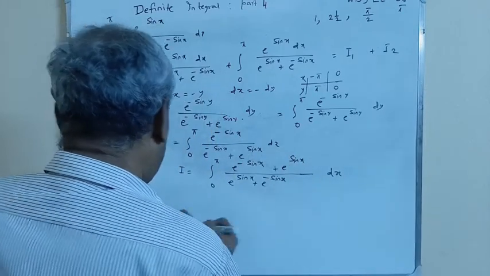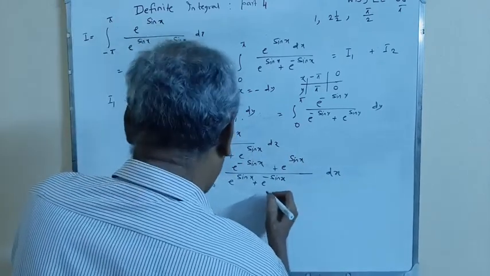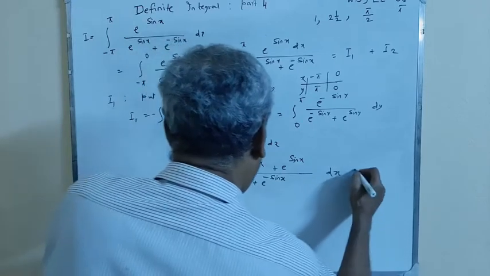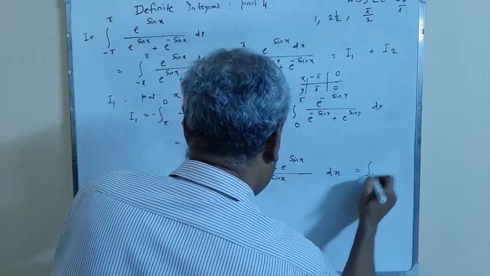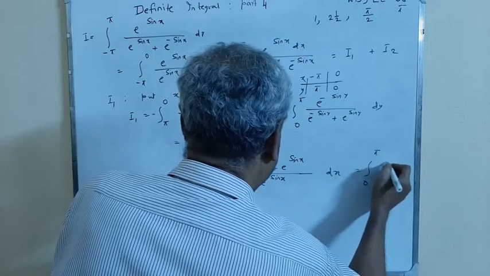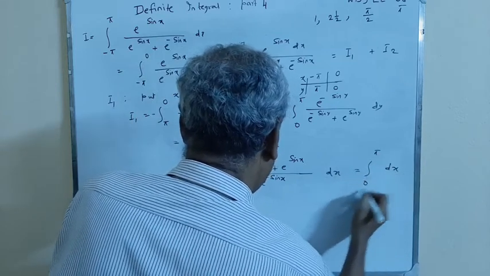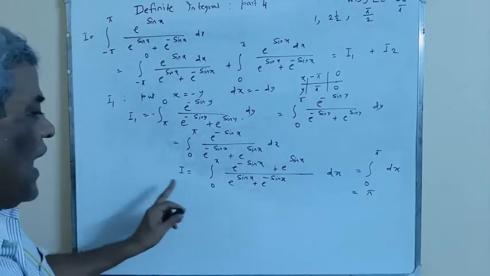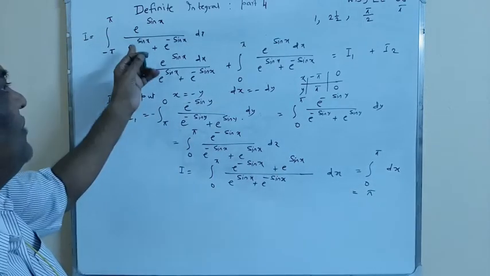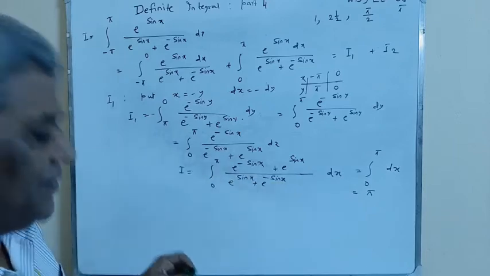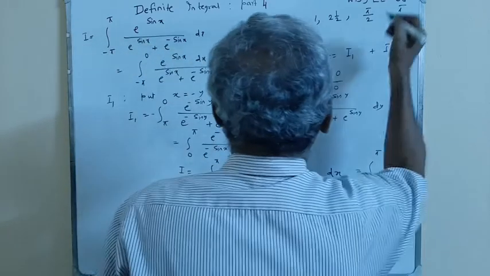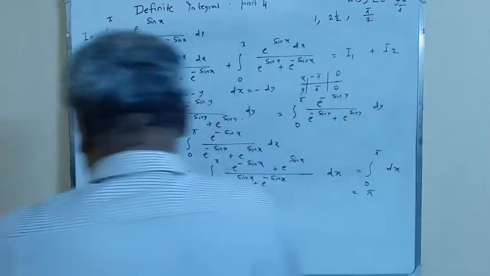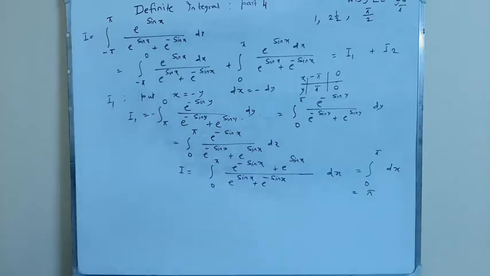So it is equal to 0 to pi dx, only dx. So it is pi. So I is equal to pi. The value of this is equal to pi. Okay, so the answer is this. Next one.